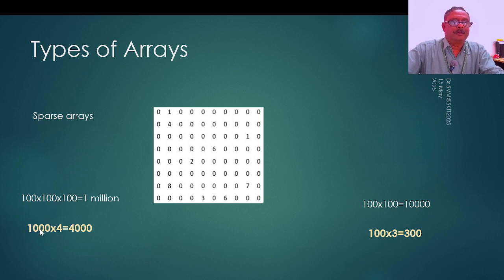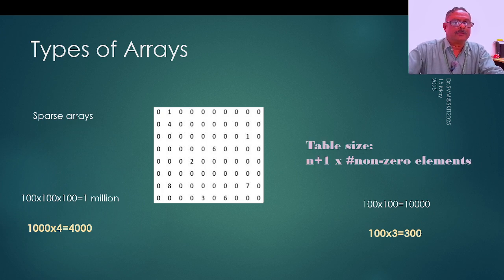So if there are 1,000 non-zero elements times 4, a maximum of 4,000 values we need to store to talk about this 1 million sized matrix. That way we are going to save a lot of space.